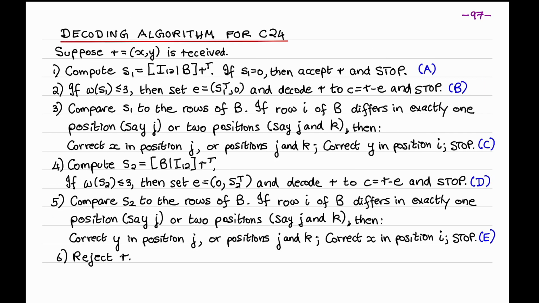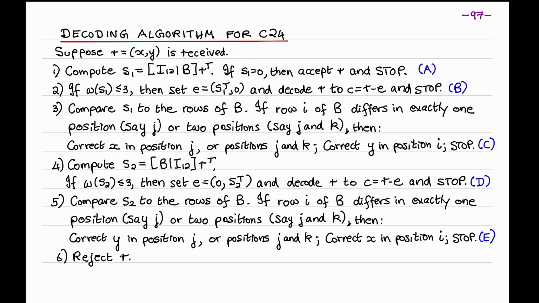I've written on this slide the decoding algorithm for C24 without the justification. R is a received word, and in steps 1, 2, 3, 4, and 5, we check whether the error vector is of type A, B, C, D, or E. In step 6, we reject R. Note that the decoding algorithm requires no storage.